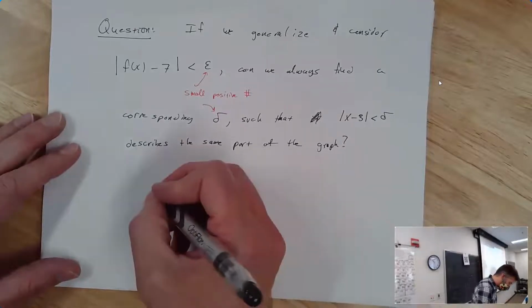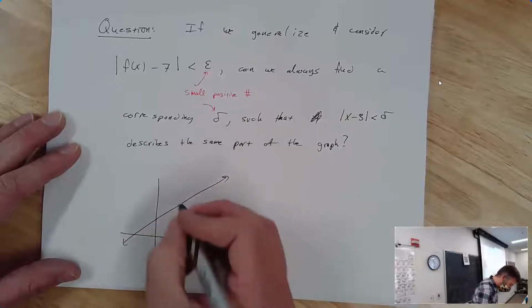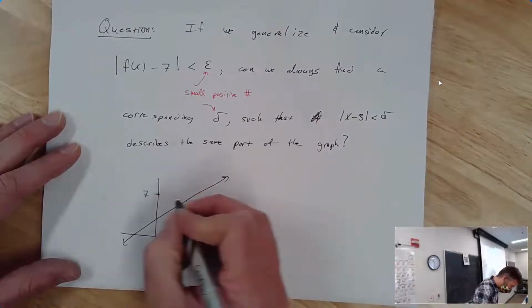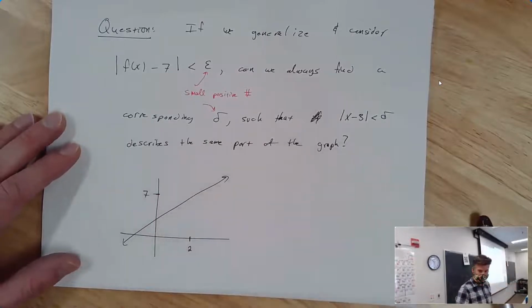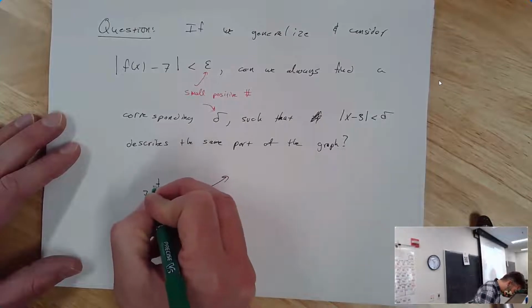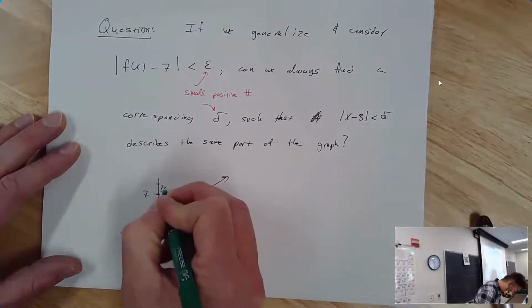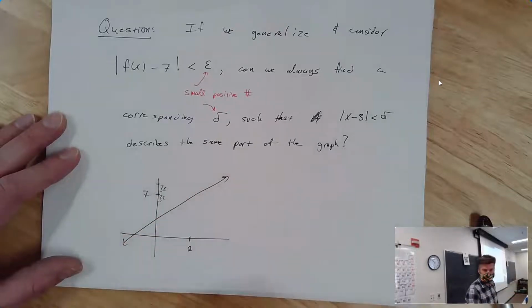Graphically, here's what this looks like. It's really the same picture one more time. So all we're saying is that if we are within epsilon of 7, hopefully you can see that picture, right?